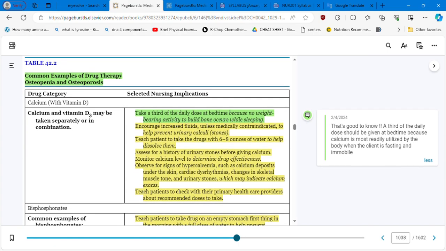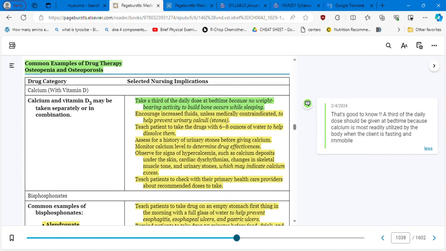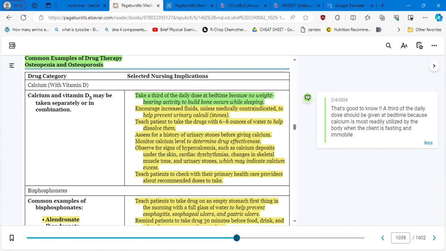Okay, let's see the drug therapy and stuff that I really want you to remember and focus on. In the category of drug, we have calcium and vitamin D3, which may be taken separately or in combination. You really need to know the whole table. You take a third of the daily dose at bedtime because no weight-bearing activity to build bone occurs while sleeping.